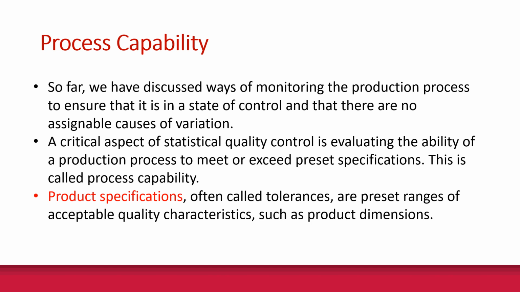If we're producing soft drink, there's a certain tolerance on the can dimensions and the liquid that goes inside the can. All of those have to fall within a tolerance level. And so that's what we're trying to determine in process capability: how well is our process actually manufacturing our product to the specifications that are required.